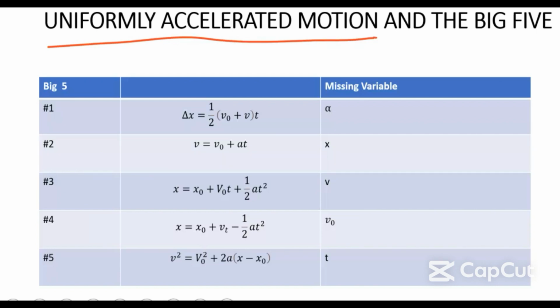Another restriction that will make our analysis easier is to consider motion that takes place along a straight line, linear motion. In this case, there are only two possible directions of motion: it goes in either the positive or the negative direction.